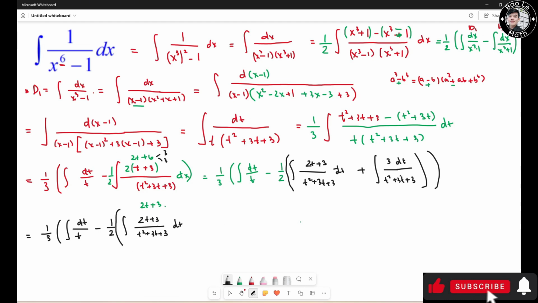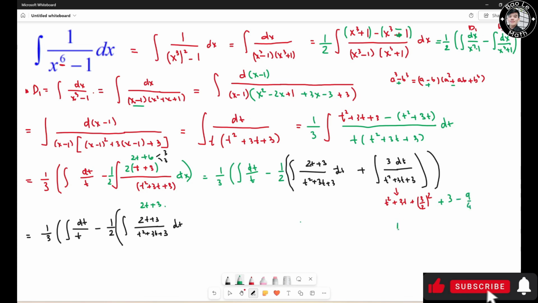Now this one right here, I can make the bottom a complete square. So I just divide 3 by 2 and then square, right? So this turns out to be t squared plus 3t plus (3/2) all together squared, and then I just add 9/4, so this one I rewrite plus 3, and then I need to minus 9/4.